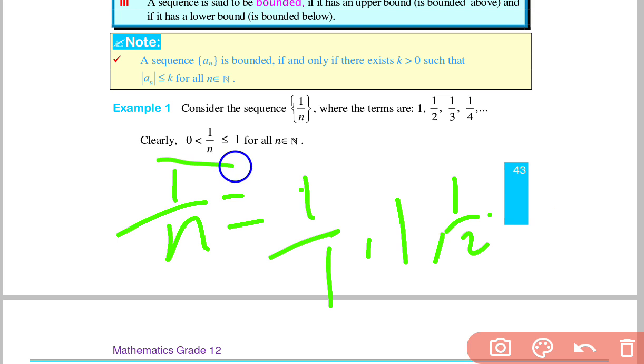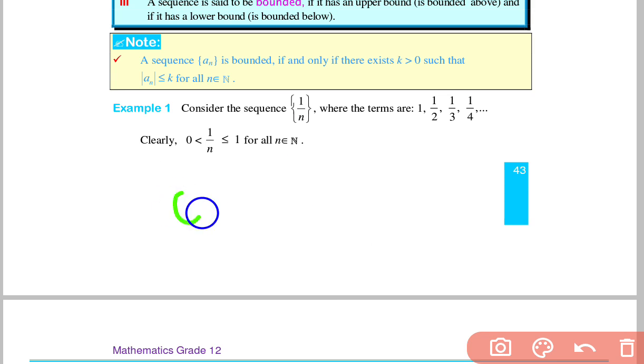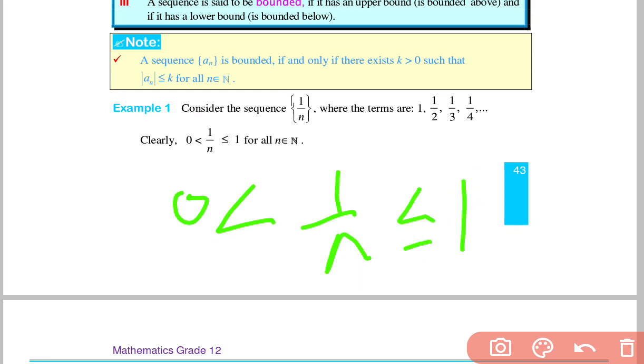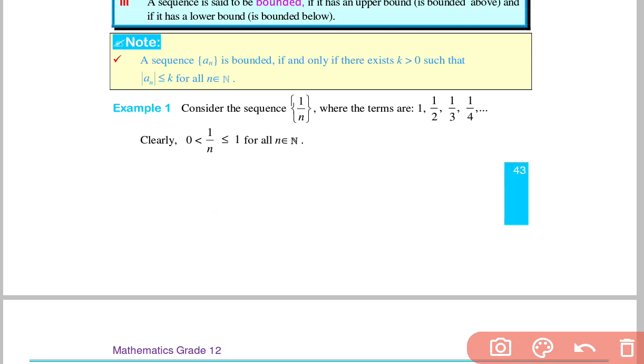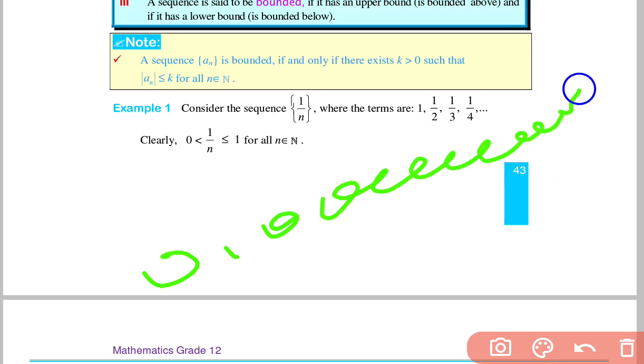For all elements of the natural numbers, clearly 0 is less than 1 over n, which is less than or equal to 1. Pay attention to this. Equality is used on the upper side, so 1 is included: when we substitute 1, 1 is in the set. But 0 is only approached, never reached, however many zeros we write.